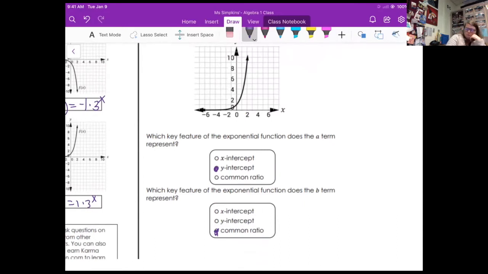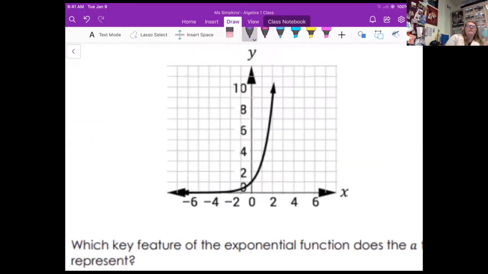Never. 0 would be right there. It's never going to. It's going to get really close. Like if you graph this in Desmos and zoomed in as much as you could and went all the way to the left to -30 million, -100 million, it still wouldn't cross the x-axis. And I'm going to show you why.